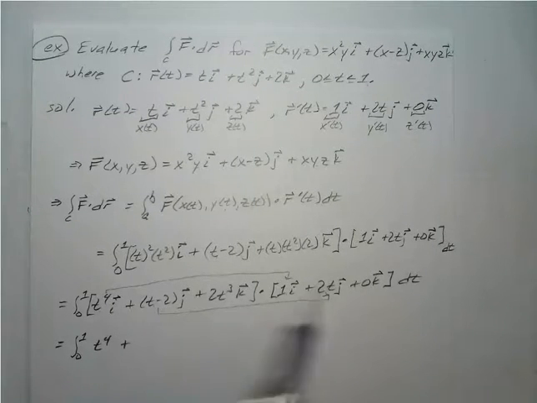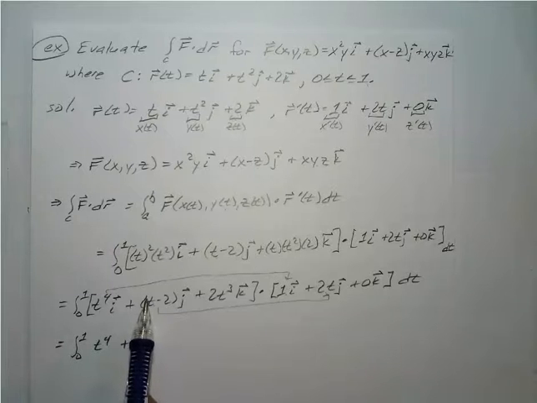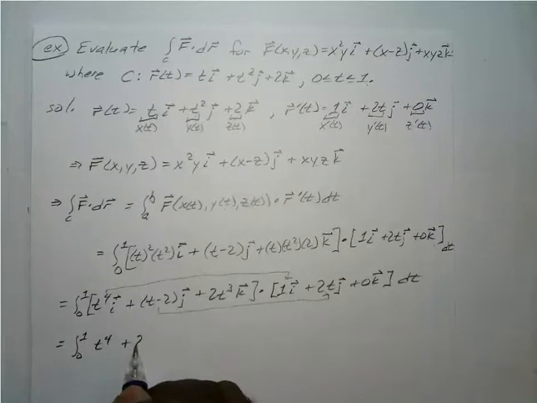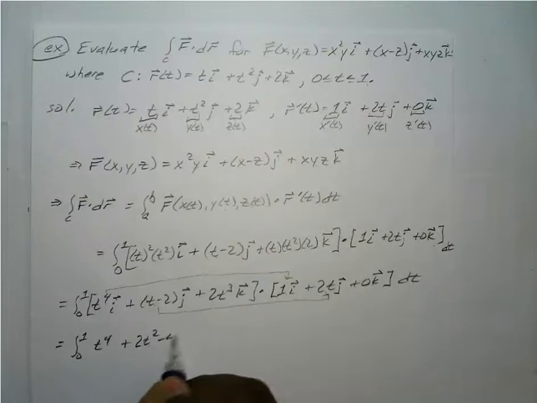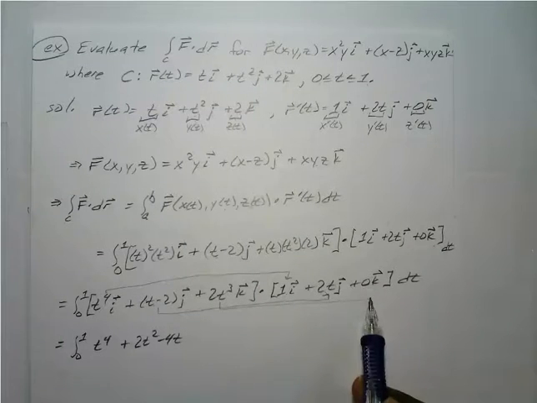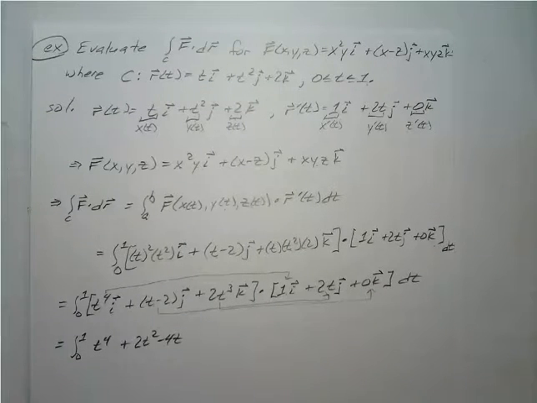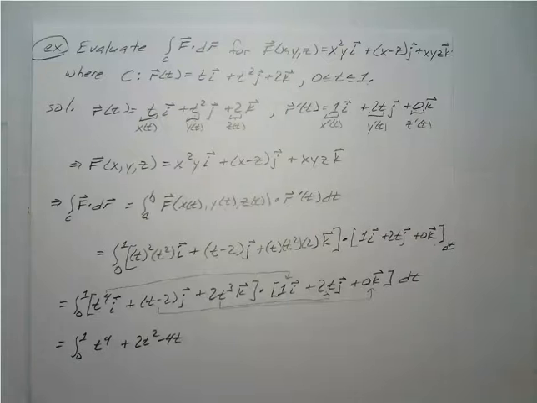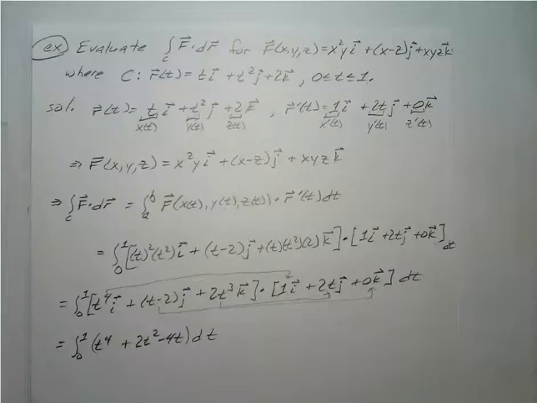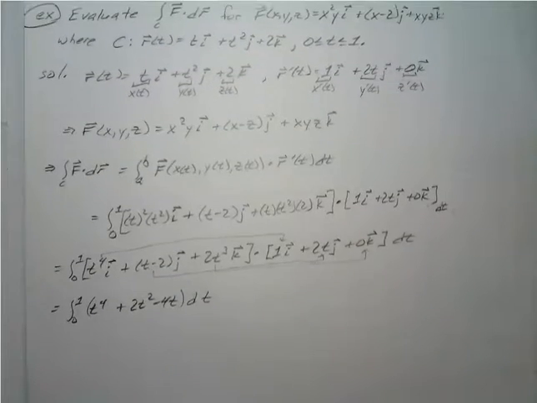That's going to give you 2t squared minus 4t. Plus 2t to the 3rd times 0 is just 0, so we can leave that out. We don't have to put plus 0. And that's with respect to t. Okay, so now we just go ahead and integrate.